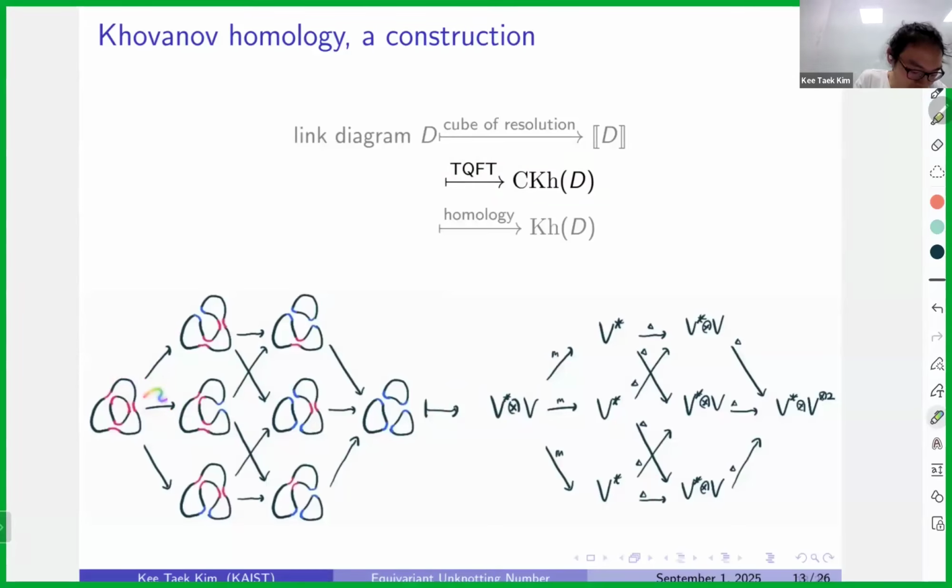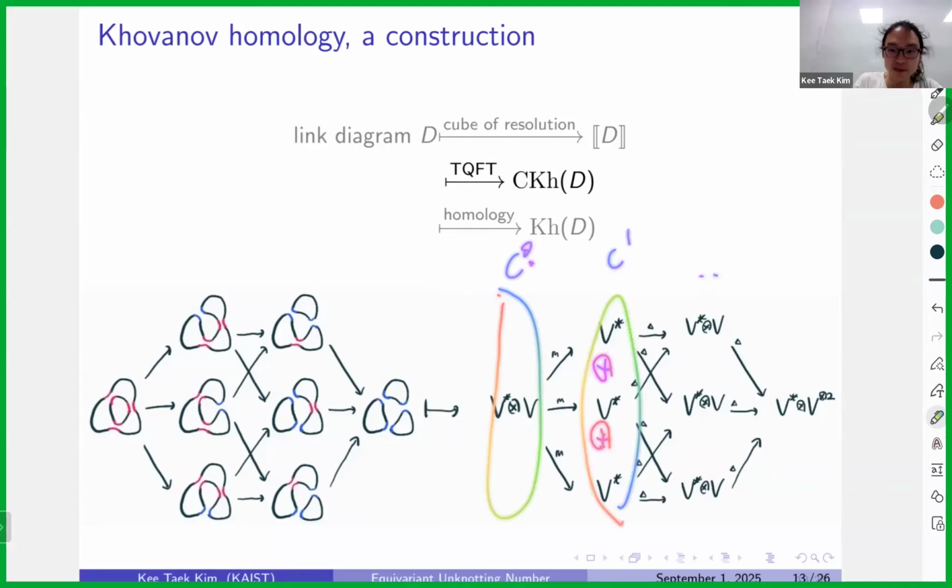For example, here are two circles, so it corresponds to V tensor V and so on. There are several stars here, but this is for a technical reason, so please ignore it at this point. So this is a chain complex of modules. This is the homological degree 0 part, and this is the homological degree 1 part, and so on.